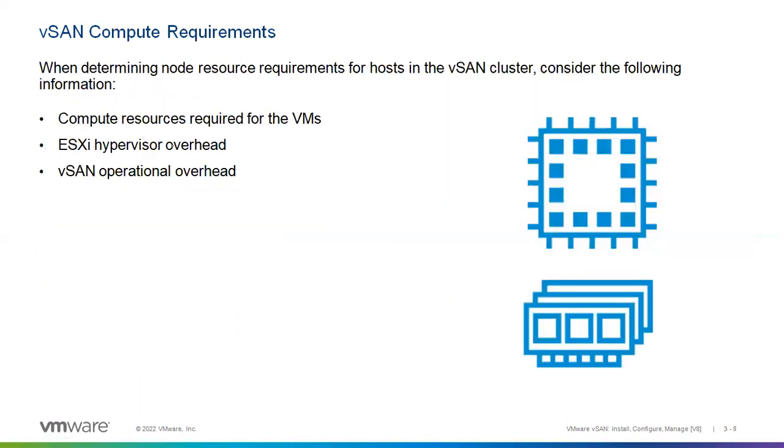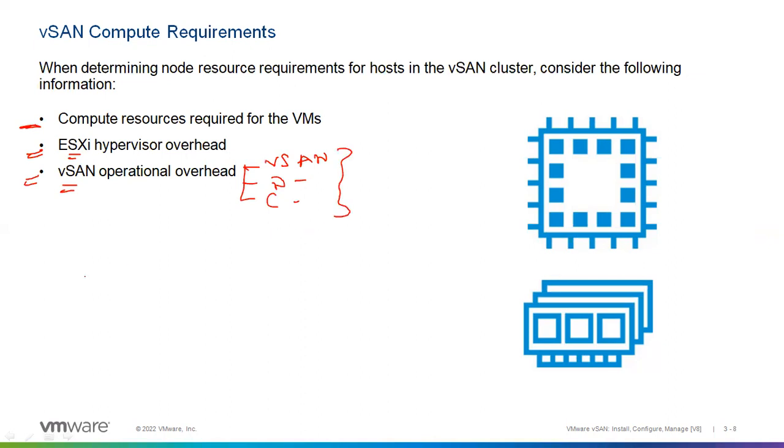From the compute requirement perspective, where we talk about what hardware we are taking, there is the hypervisor ESX itself and the overhead for the vSAN operations. The vSAN operations include native vSAN services, or in future enabling dedupe and compression, so we definitely require some overhead.